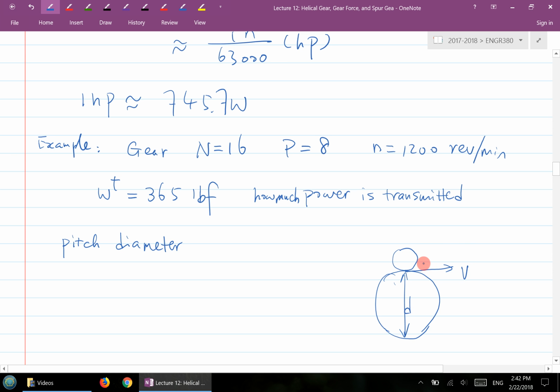The transmitted load can also be illustrated over here. The pitch diameter D is related to the number of teeth and the diameter pitch: number of teeth divided by diameter pitch. 16 divided by 8, you get 2 inch.